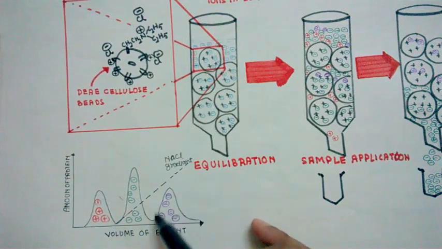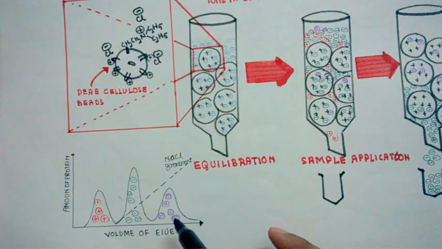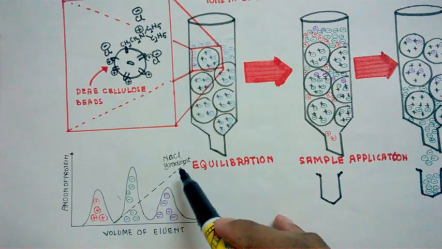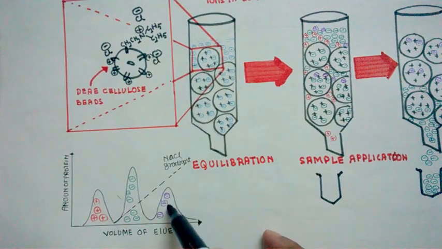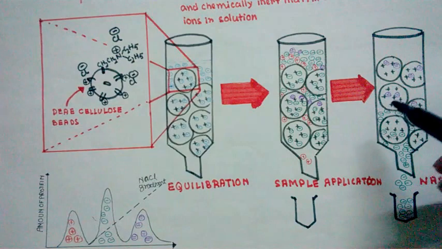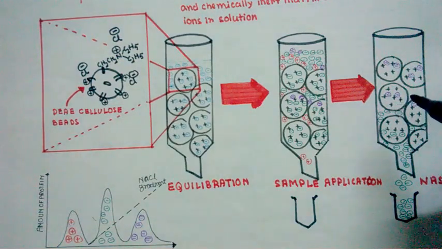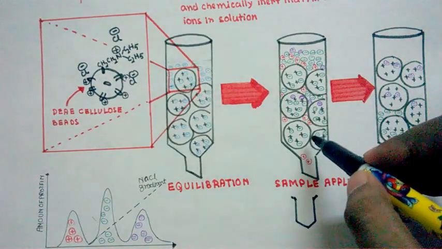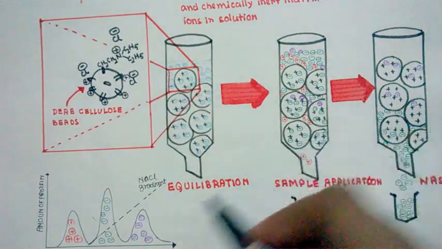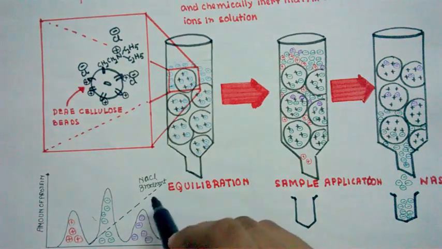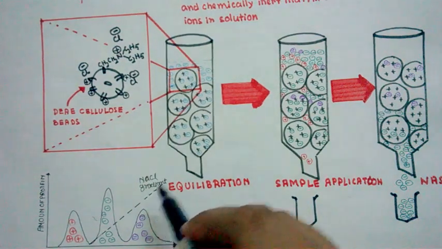And you can see that eluting this purple color protein requires an even higher concentration of sodium chloride, because it has more negative charge. It can bind with these beads more strongly than the protein which has a single charge, and for elution of these proteins we need an even higher concentration of sodium chloride.